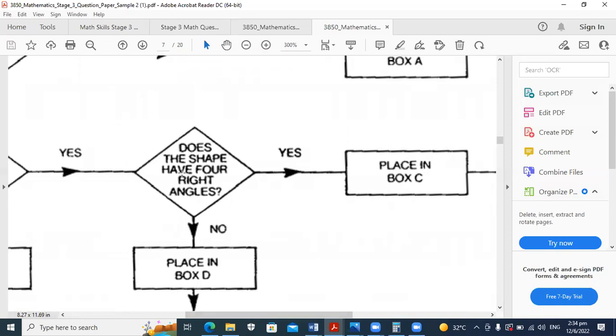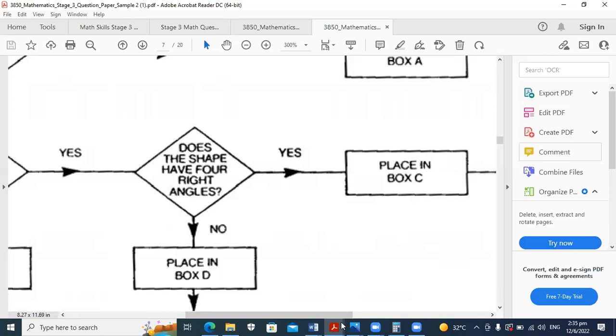Regular quadrilaterals are like rectangle and square, and rectangles and squares all have right angles. So in box C you'll put rectangles and squares. The other quadrilaterals that don't have 90 degrees will be like the trapezium, the parallelogram, the rhombus and the kite. So that will go in box D.